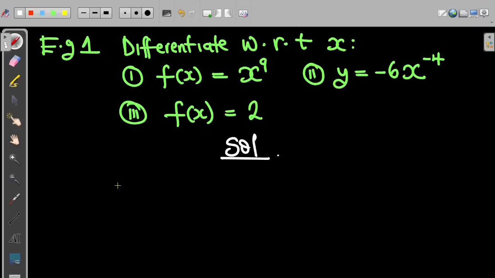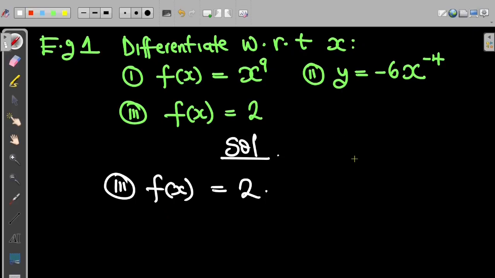For (iii), we have that f of x is equal to 2. Now, if you observe the question, f of x contains only a constant, but it can also be written in terms of x.